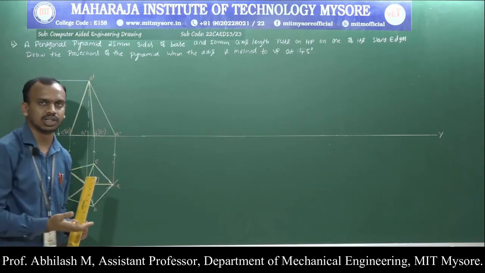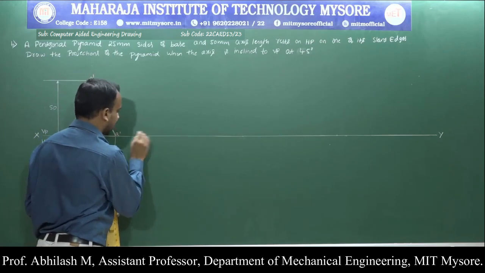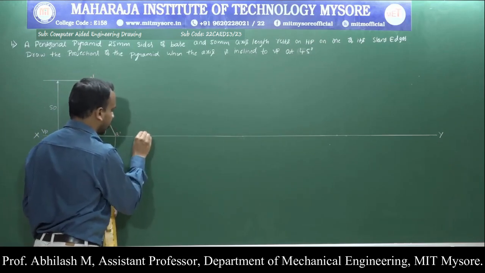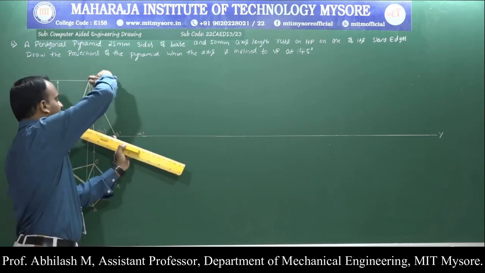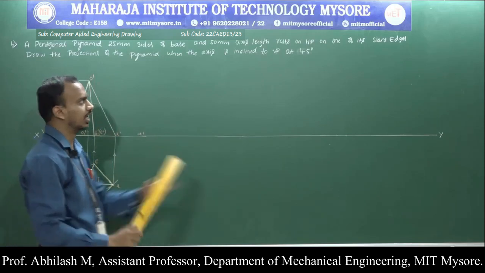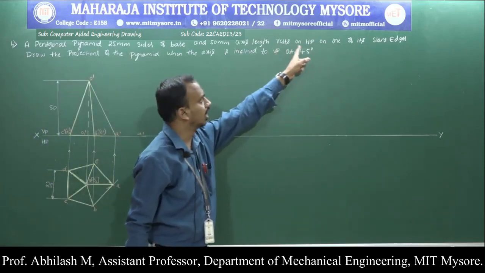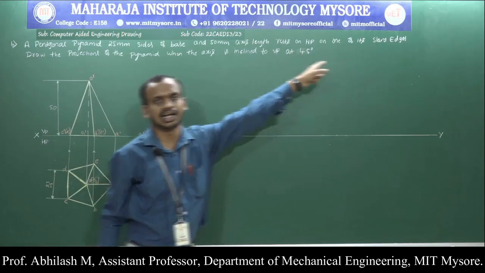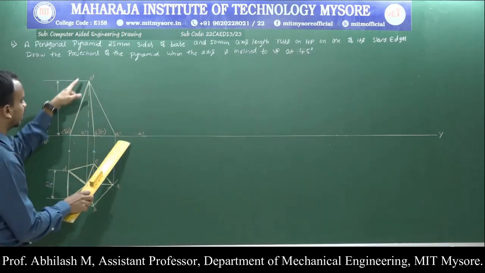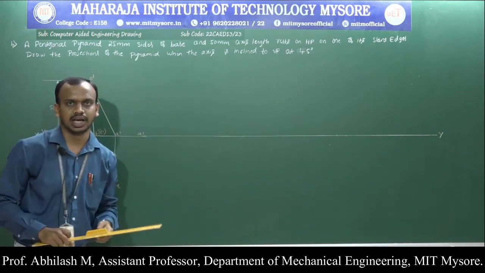In order to do that, what are we supposed to do? First, identify the point A dash. Let us take this itself as the reference, because we are supposed to entirely rotate this slant edge onto the XY line based on the condition given in the problem, where they state rest on HP on one of its slant edges. So the slant edge is O dash A dash, and we are supposed to completely rest it on the XY line.